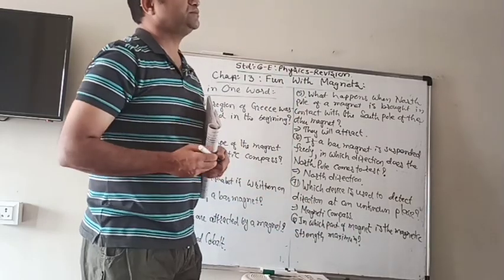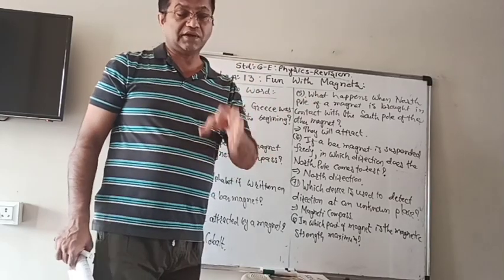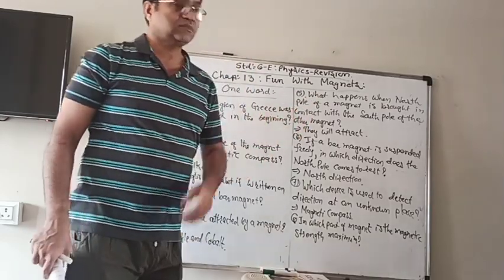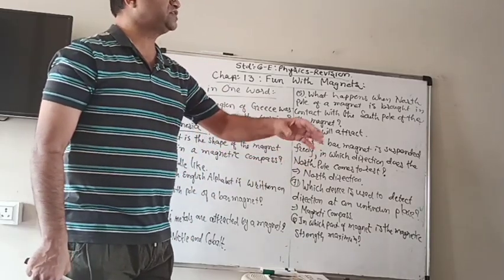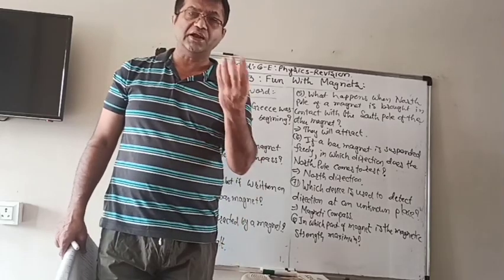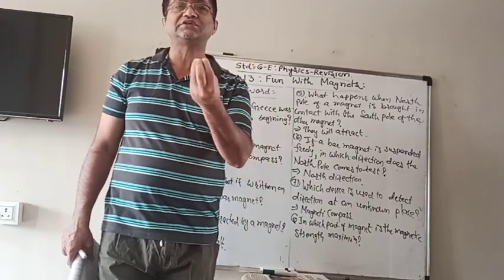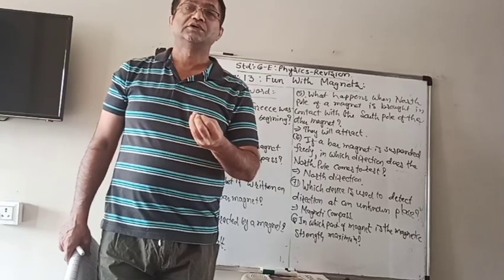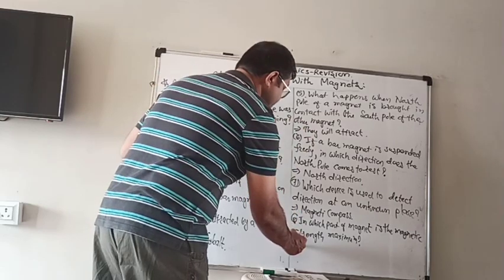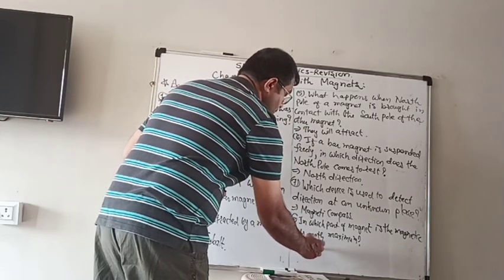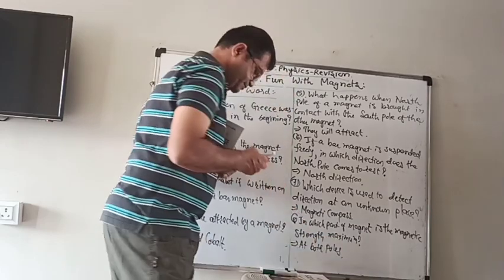We know that when we put a magnet in iron dust, iron filings, then at both ends the iron filings stick more. Those ends are known as poles. So the answer is both poles.